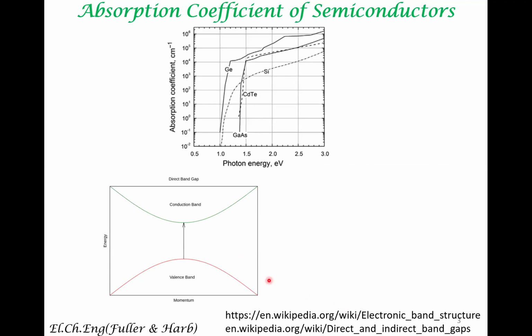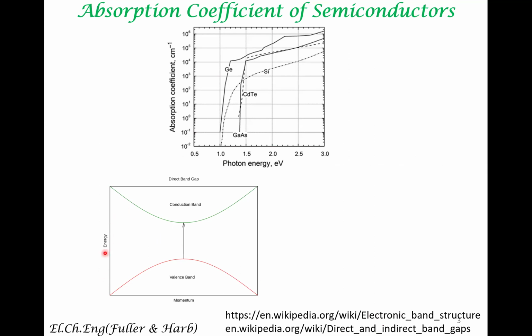Before proceeding, if you're unfamiliar with this, at least take a look at these two Wikipedia links. There's a very good link on electronic band structure, and this link on direct and indirect band gap semiconductors.